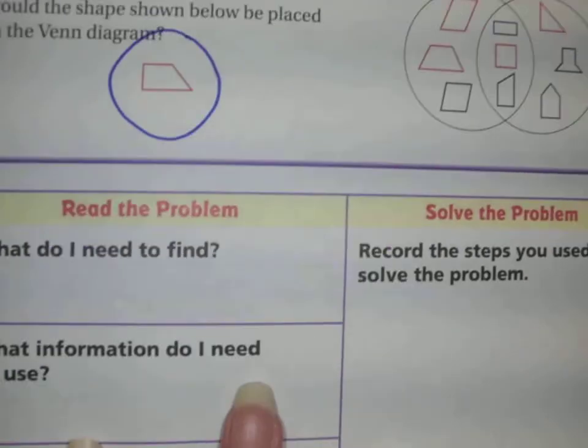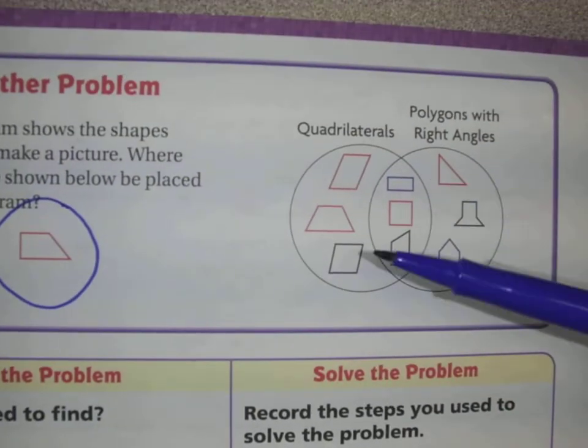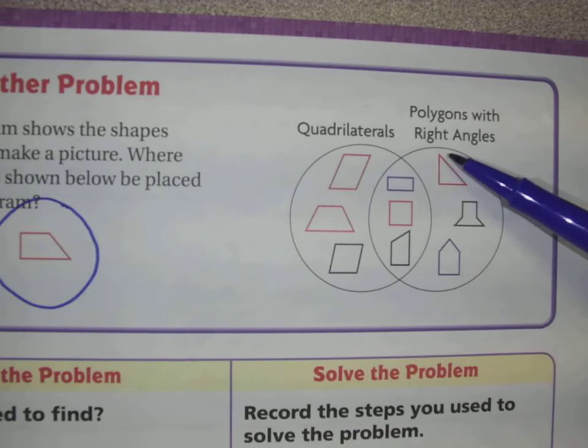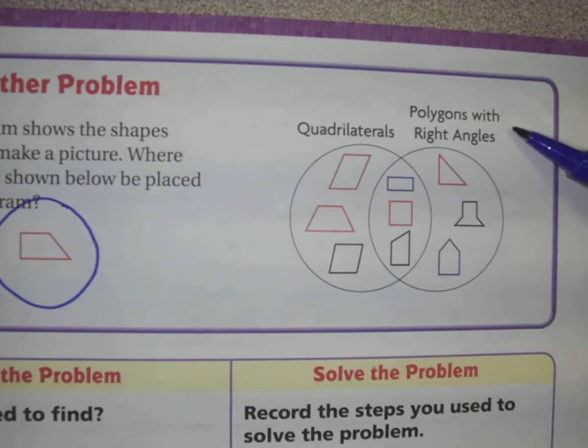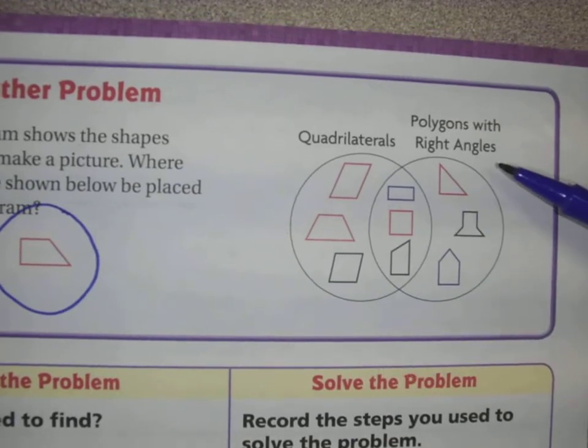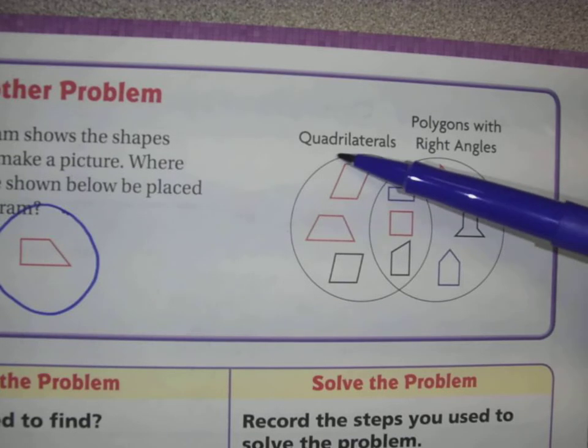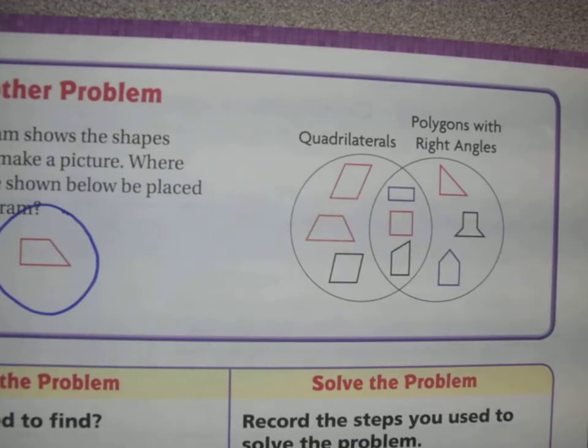Well, we need to definitely look at this Venn diagram. We need to look at the circle labeled quadrilaterals, and the circle labeled polygons with right angles, okay? So in this circle are all of the shapes that are quadrilaterals, and in this circle, all of the polygons that have right angles.